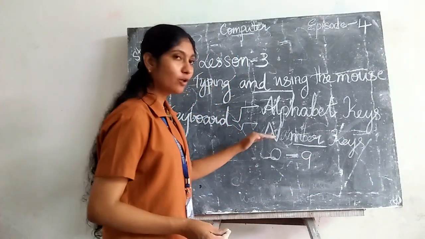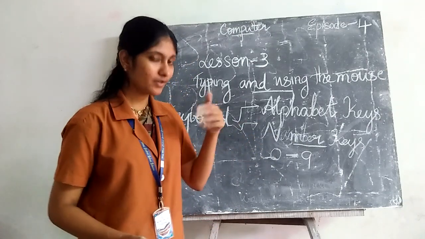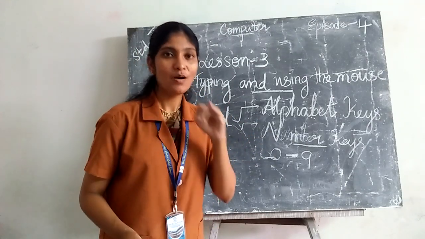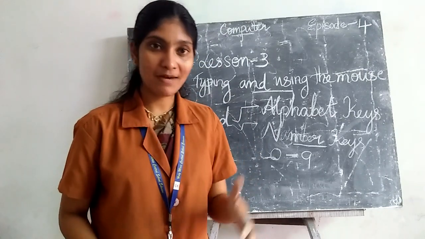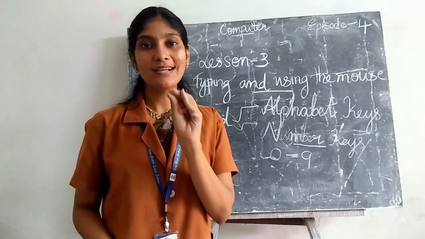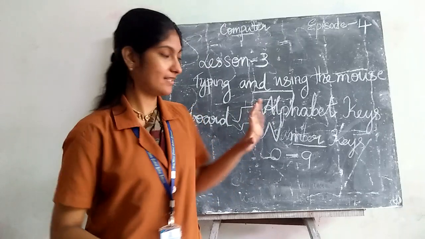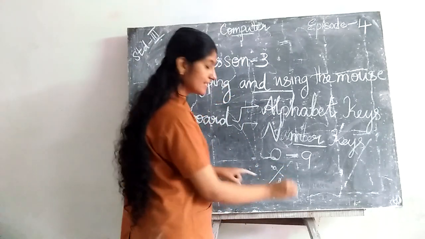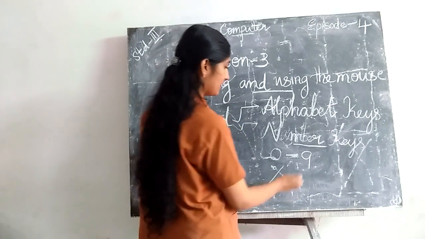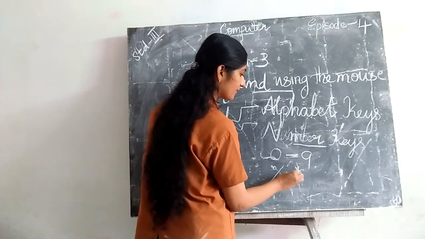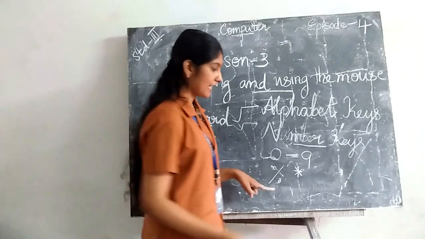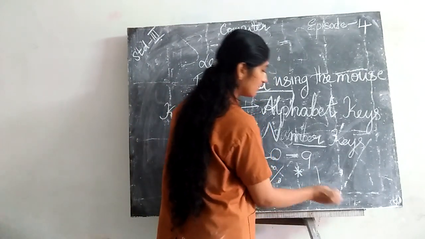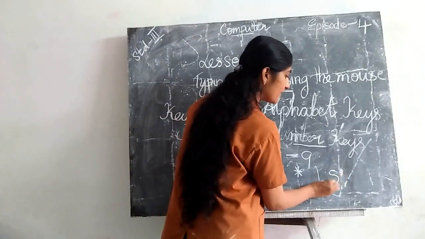And also on the top of the number key there are some special symbols. Then on the top of the button 0 or on the top of the button 1, 2, on the top of these buttons there are some special signs. For example, percentage. This is a symbol of percentage. Or star. Then exclamatory mark. Dollar symbol.